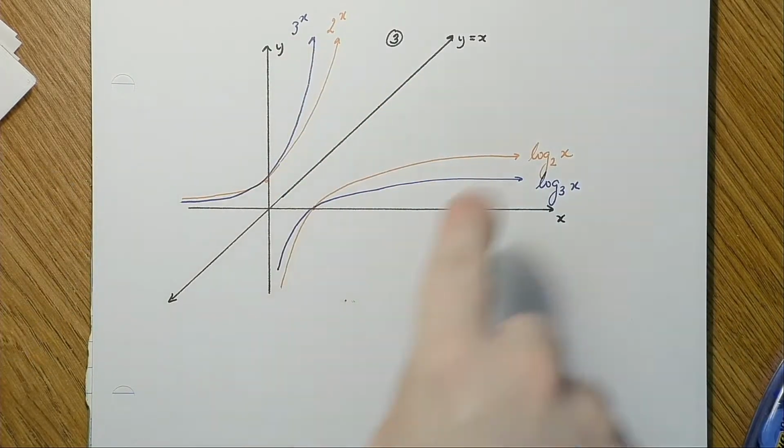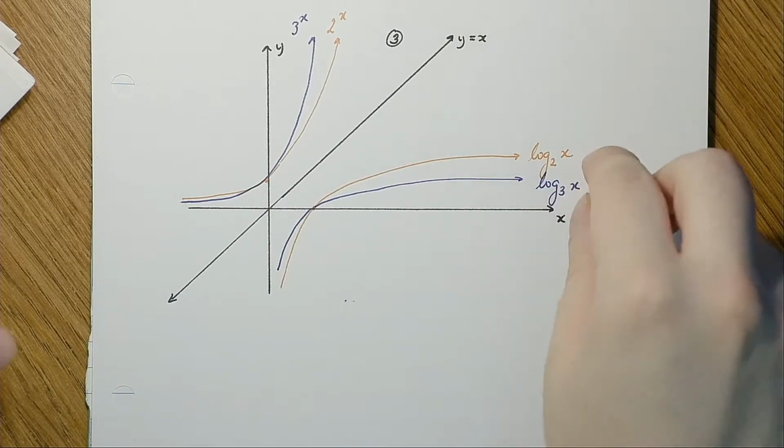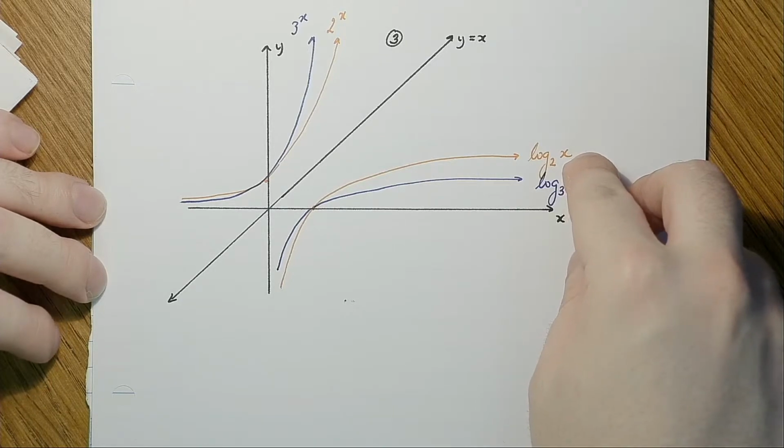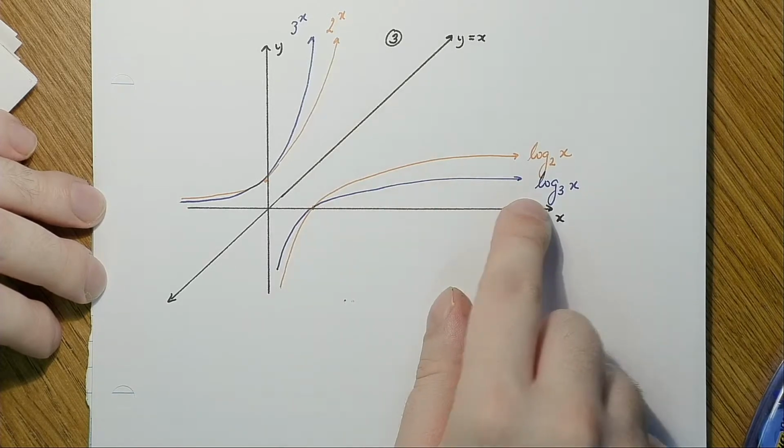Conversely, if I flip it, log to the base 2 should be growing a little bit faster than log to the base 3.